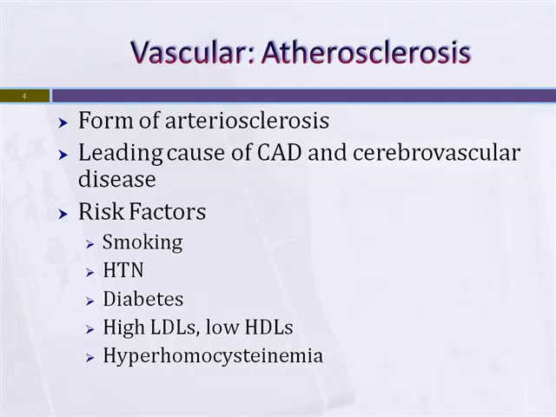And then hyperhomocysteinemia, I'm just going to mention here. Homocysteine is a normal amino acid that circulates in our bloodstream. We all have it, and there are normal levels of homocysteine, but when those levels are elevated, we see that people are at increased risk for heart disease.